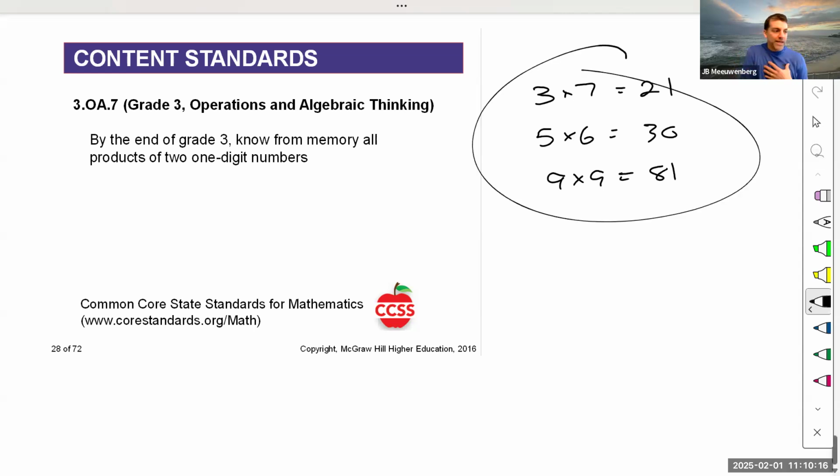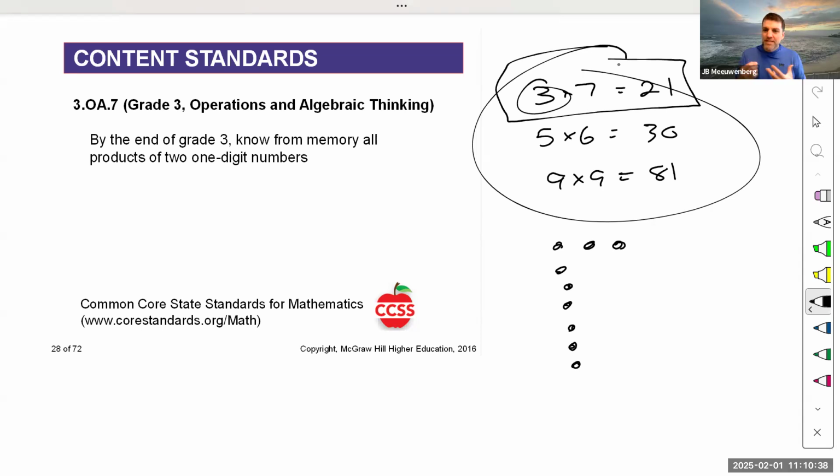Because if you don't recognize that the number 3 is just represented by that many dots, right? Instantly sort of know that, and that 7 is 7 of them. 1, 2, 3, 4, 5, 6, 7. Just instantly connecting those ideas. Then even knowing that 7 times 3 is 21 can be a difficult concept, because as we just saw, a rectangular array for 7 times 3 might look something like this, right?